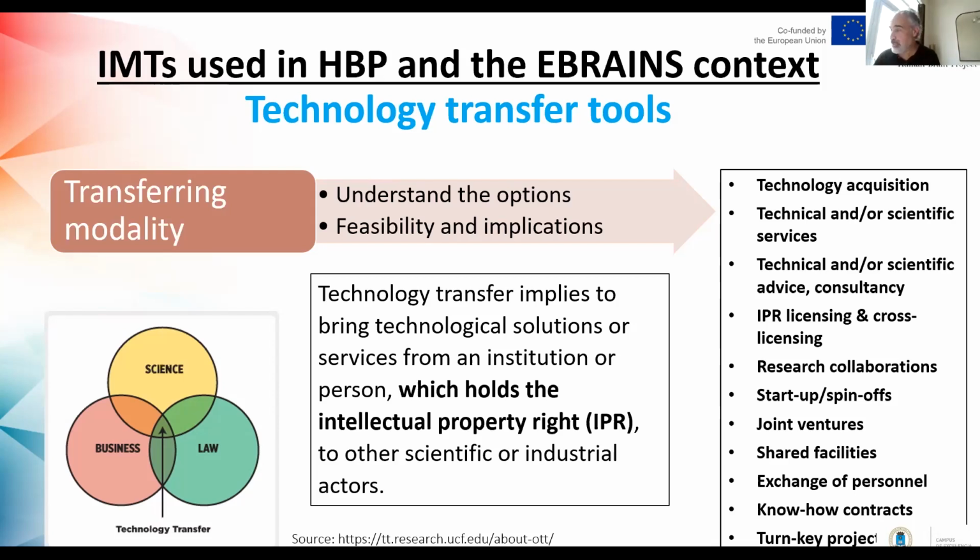You can share facilities, you can exchange personnel and staff, you can sign know-how contracts with other parties, and you can also put in place turnkey projects, projects on which you are commissioned to provide something from scratch to the end, a full solution, and then you deliver and get the revenues for that.